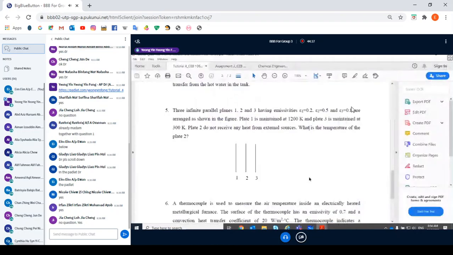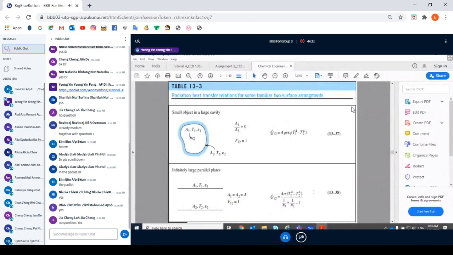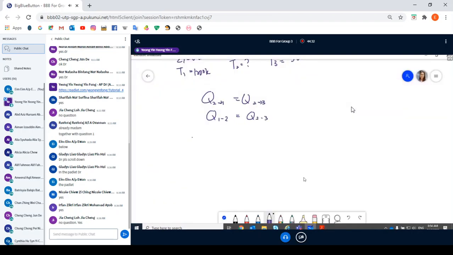Okay, so when you have this kind of equation, you can easily write down the equation for the parallel plates here. So this is the one for infinitely large parallel plates. Okay, then after that, you can substitute the values in it after you write down the equation.